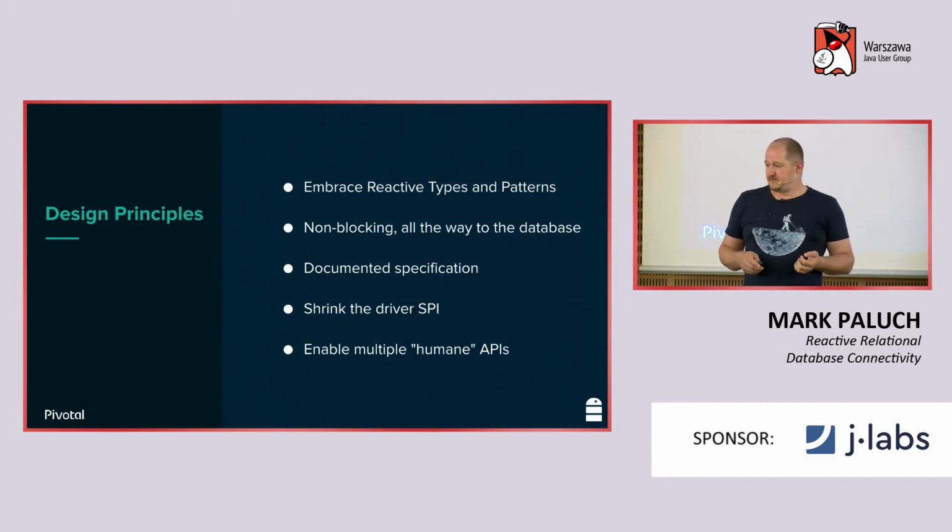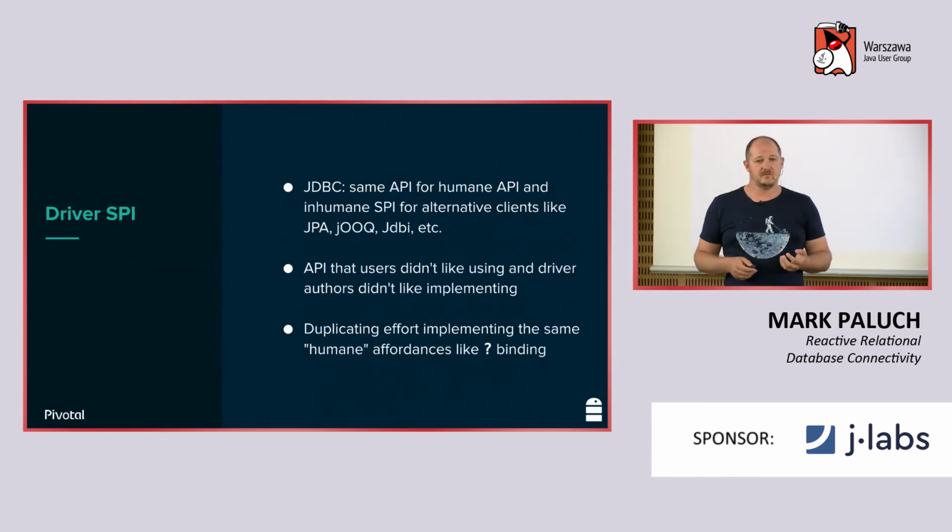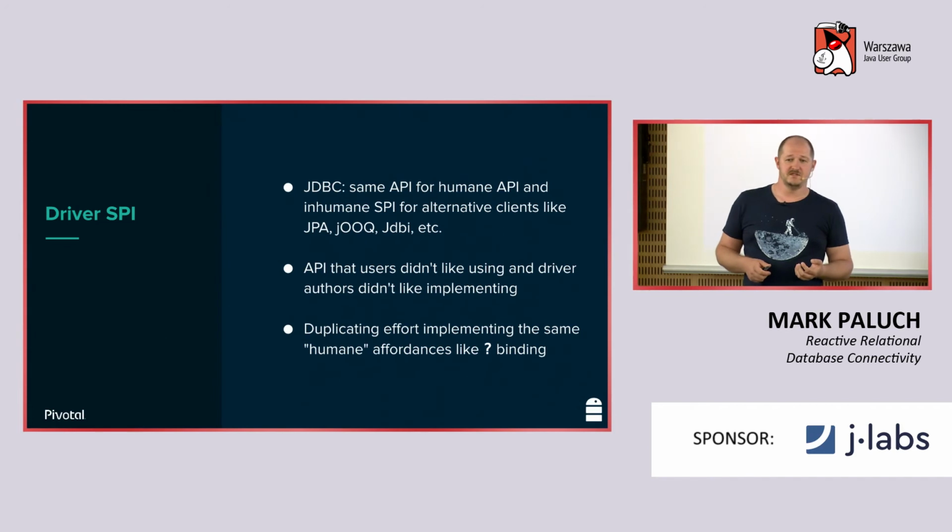And this idea of shrinking the SPI to a minimum comes from the fact how JDBC is currently built. See, JDBC is great because it has enabled us for like 20 years to access and integrate with SQL databases. But JDBC isn't a pure driver API.